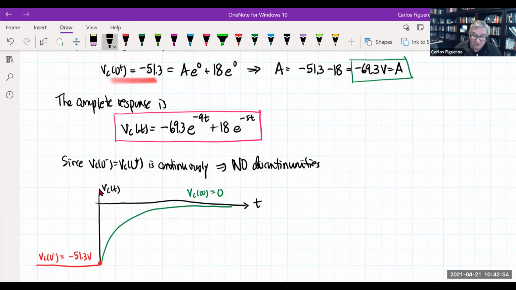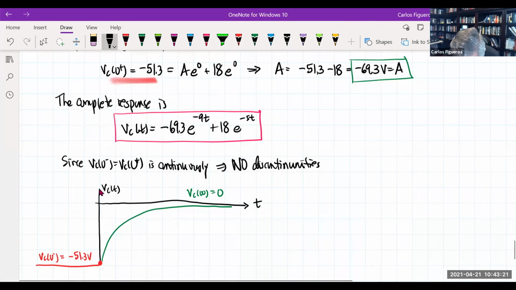So now the question is, how long does this thing roughly take to do this? Well, if I look at this thing, God, this is a much harder question to really answer. But the term that's really going to determine how long this thing is going to charge is e to the minus 5 tau.